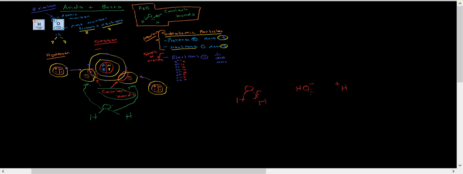You have a hydrogen ion, and then you have what's known as a hydroxide ion. This negatively charged ion is what's known as a hydroxide ion.